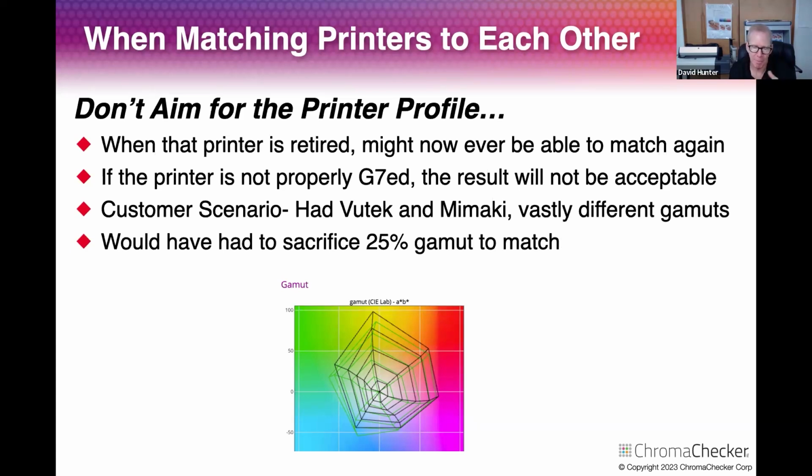And here's a sample in ChromaChecker's ICC profile inspector, where it's showing you the gamut difference between 2 printers. And you see one printer has more green and blue, and one printer has more yellow and orange.